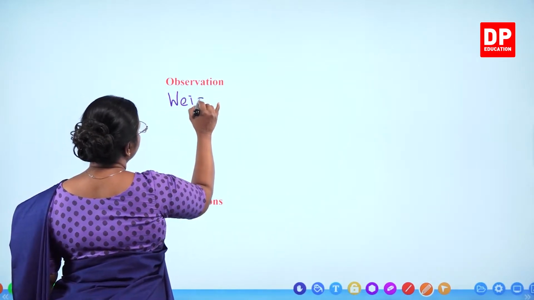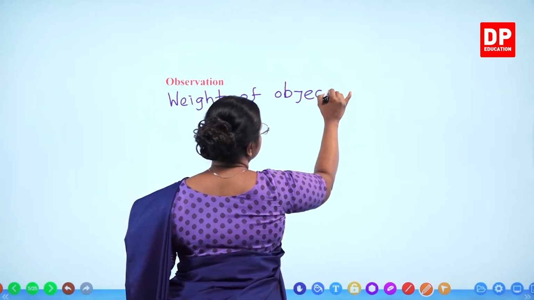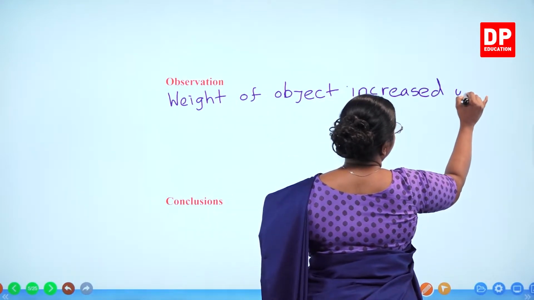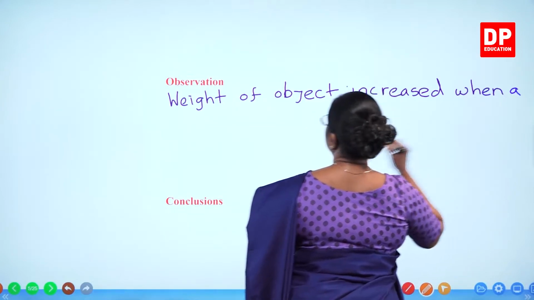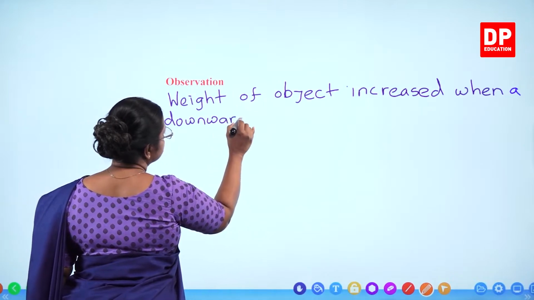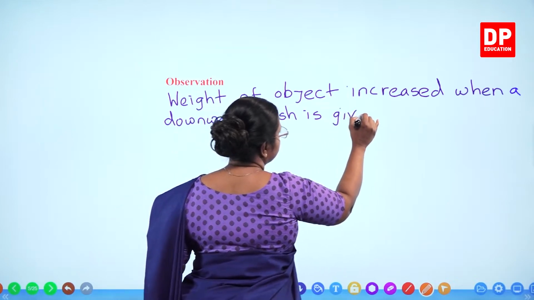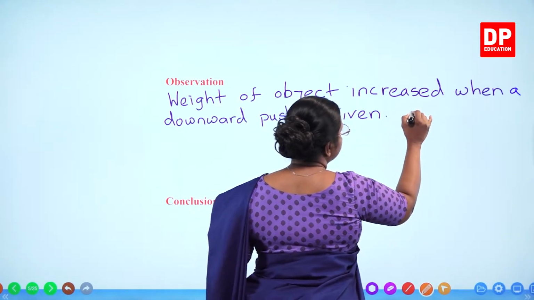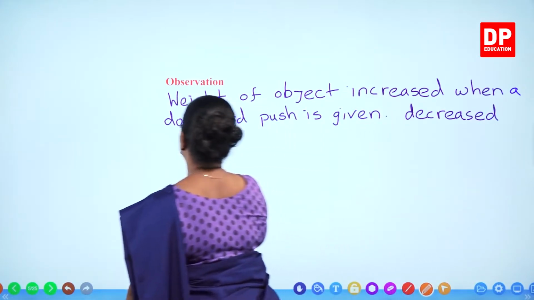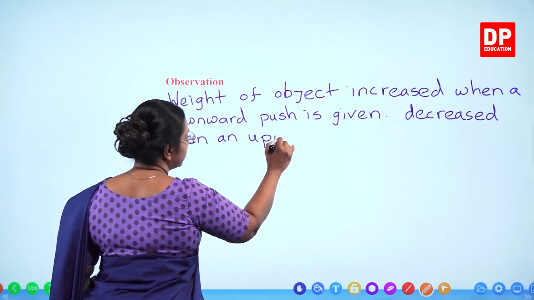So weight of object increased when a downward push is given and decreased when an upward push is given.